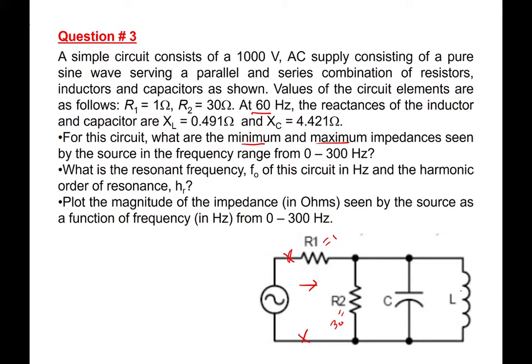If we look from this point, what will be the total impedance? The total impedance will be XL in parallel with minus JXC in parallel with R2, in series with R1.